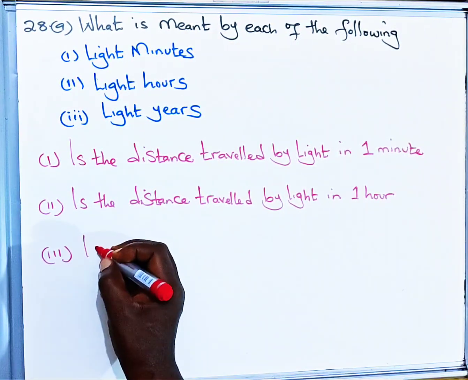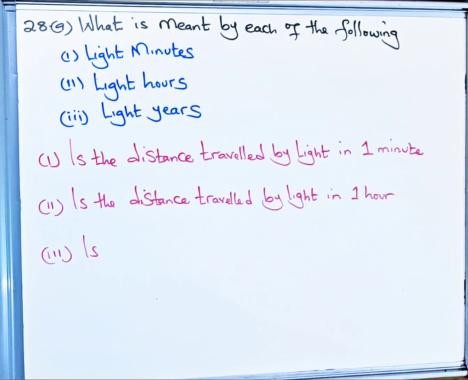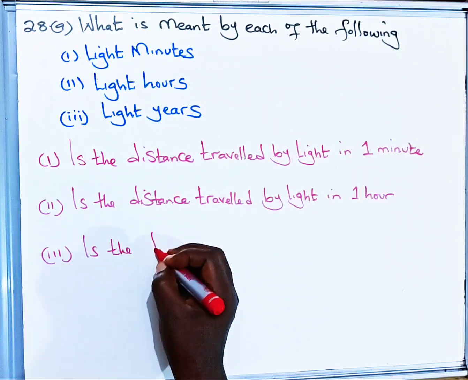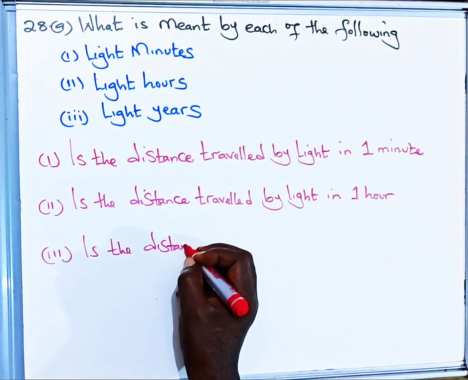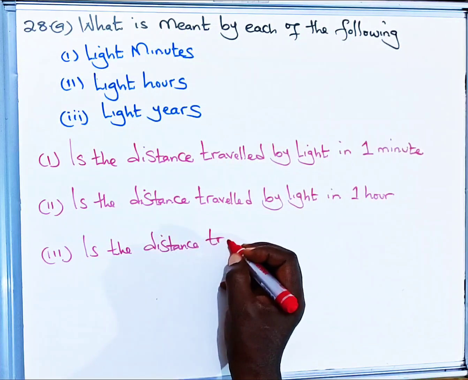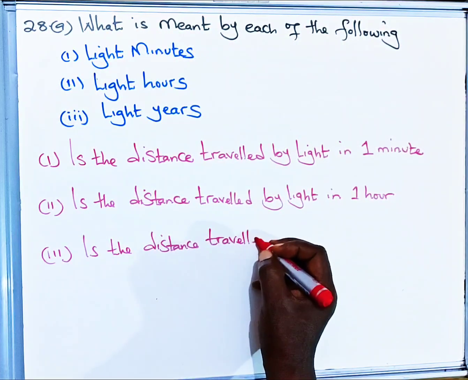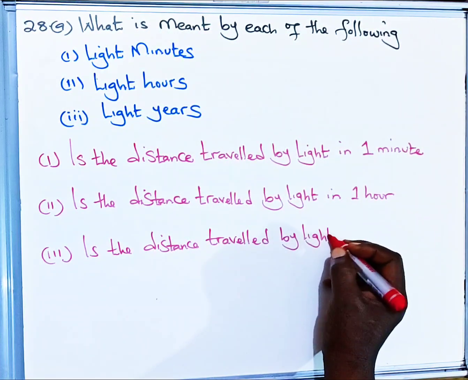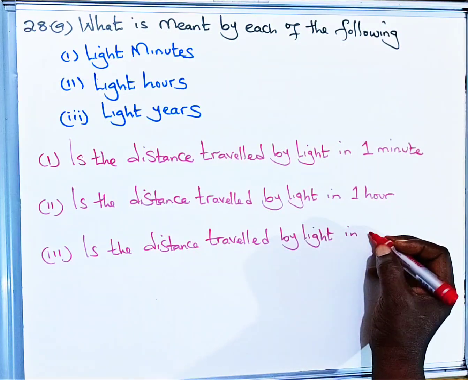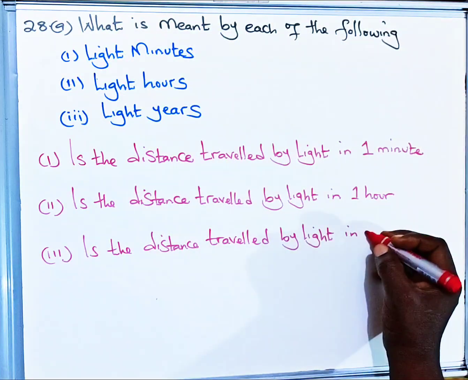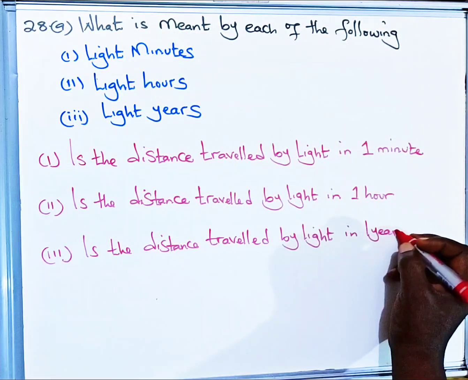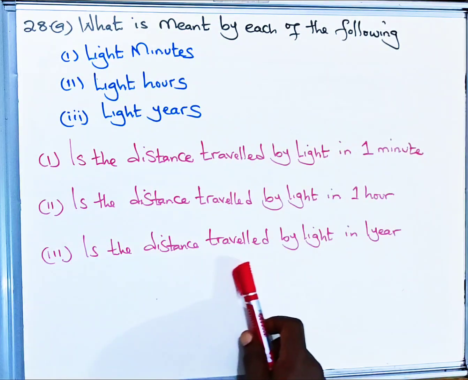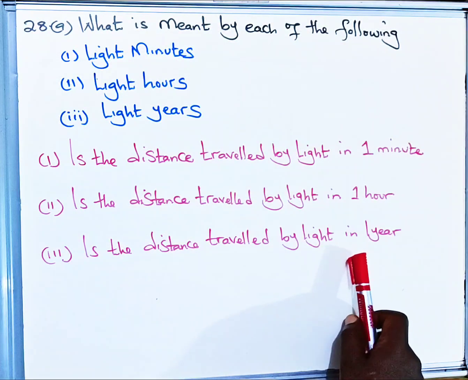What is it? It is the distance traveled by light in 1 year.